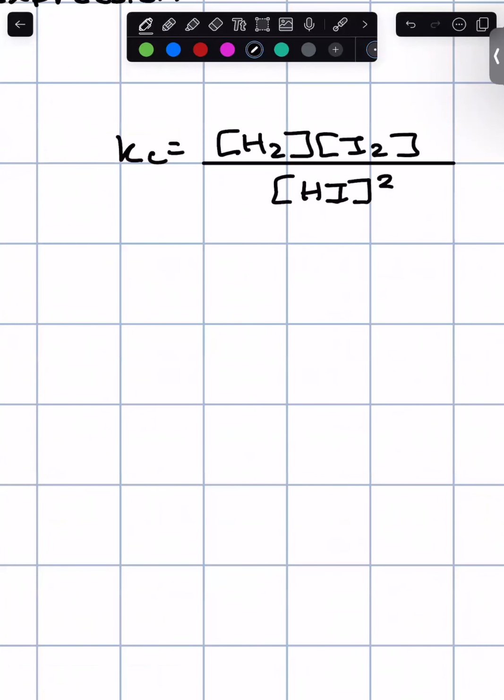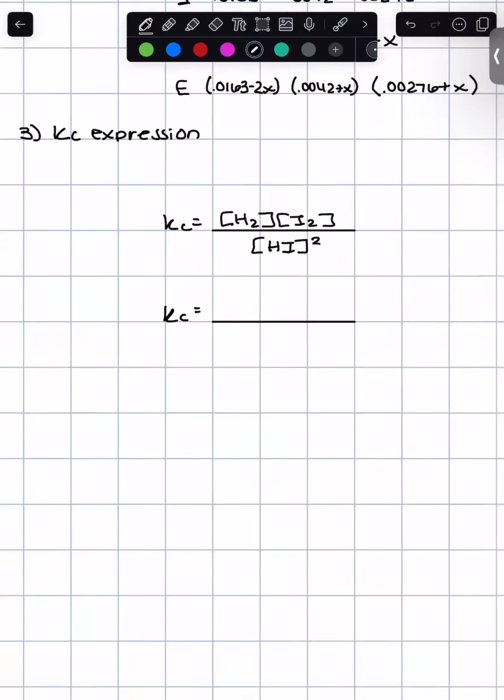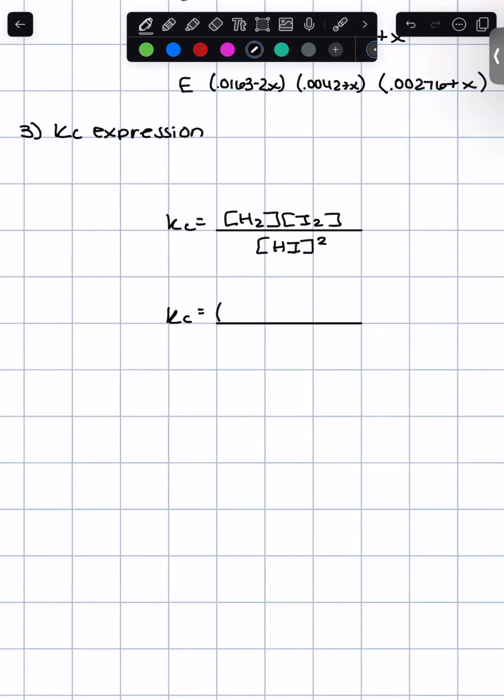Sweet. And we don't know what Kc is equal to; we're solving for that. But we know that the concentration of H2 is 0.0042 plus x, I2 is 0.00276 plus x, and HI is 0.0163 minus 2x.